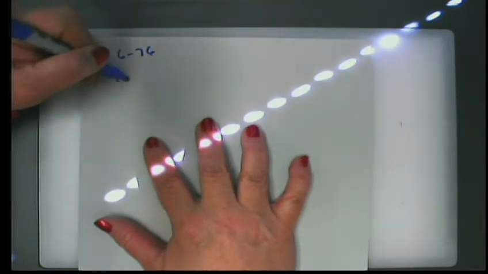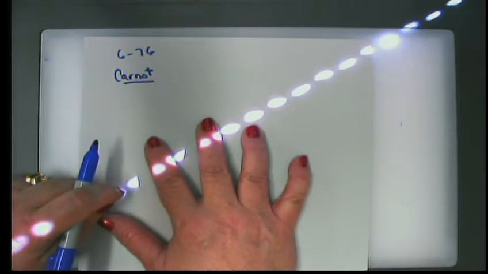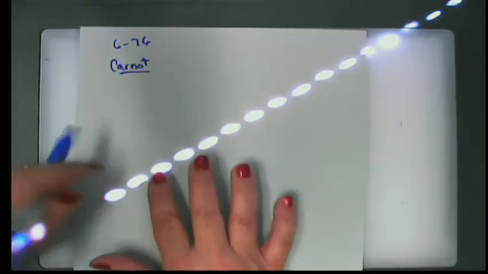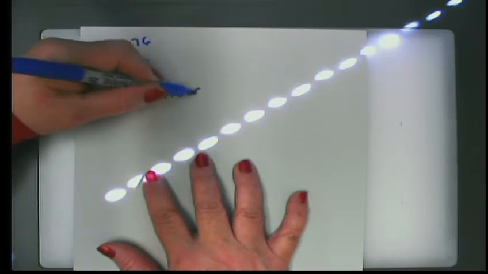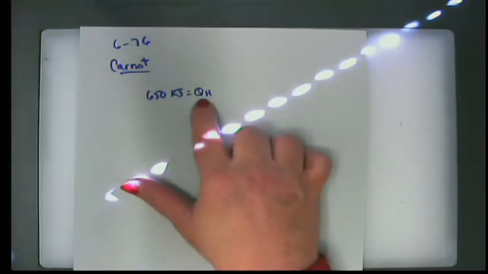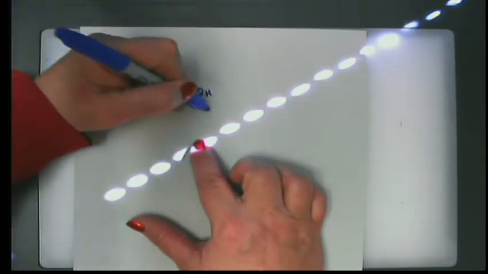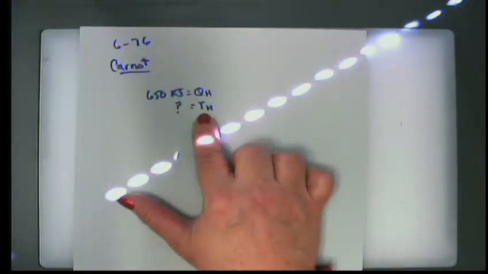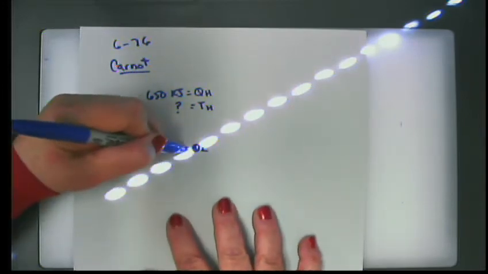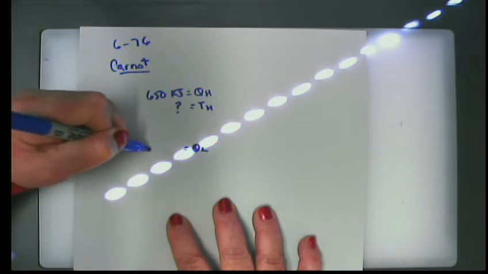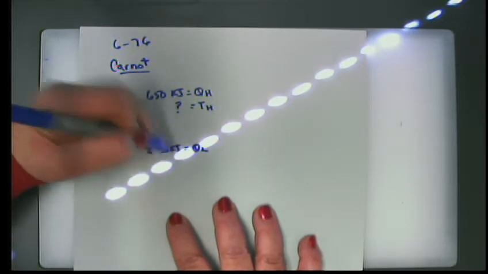So 76 tells me that we are talking about a Carnot cycle, and it is a heat engine. It says it receives 650 kilojoules. Since it's receiving, that's Q sub H, right? Heat from a source of unknown temperature. We don't know what it is. And it rejects heat, that's Q sub L, in the amount of 250 kilojoules to a sink.